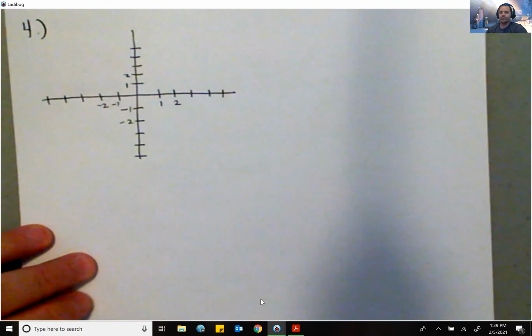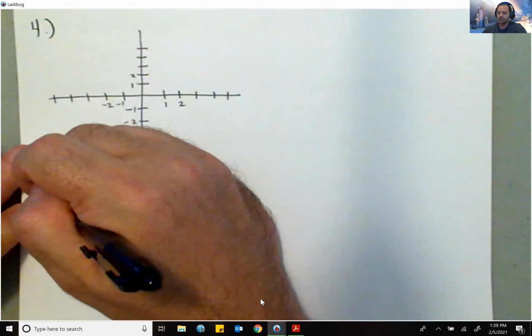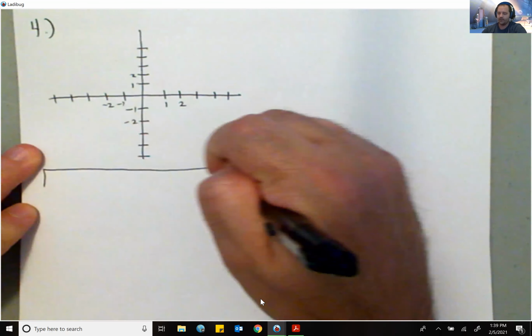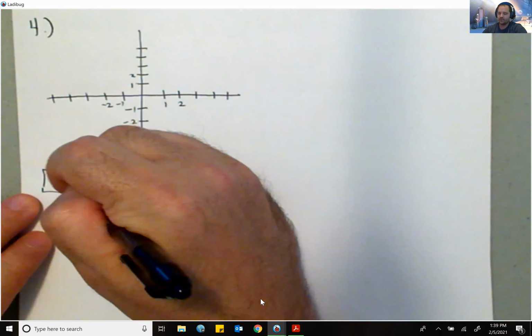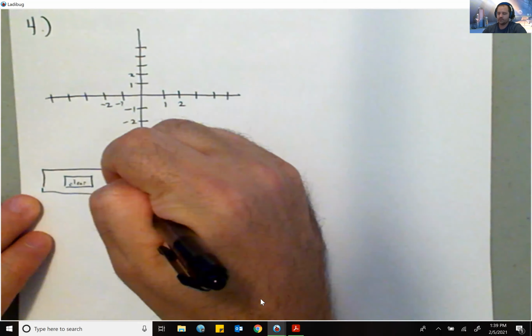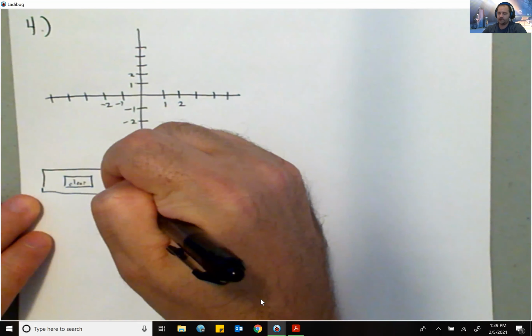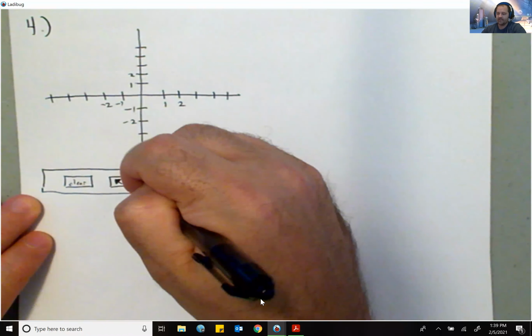So remember that when you're in MyMathLab, when you click on the graph, our little toolbar shows up down below. There's a clear button. There's an arrow button. There's a dot.